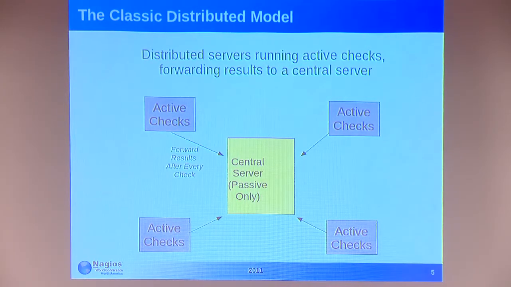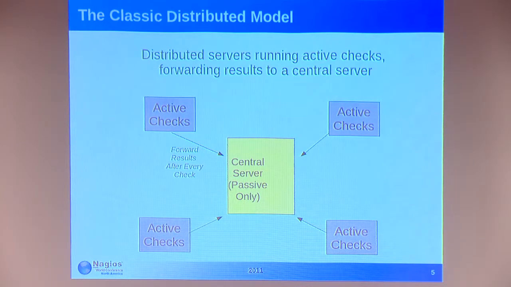The idea is that you've got active checks running on external distributed servers. These servers are all initiating checks and processing the results, and then they're forwarding them on to a central server. And the central server doesn't do any active checking on its own. All it does is receive results.